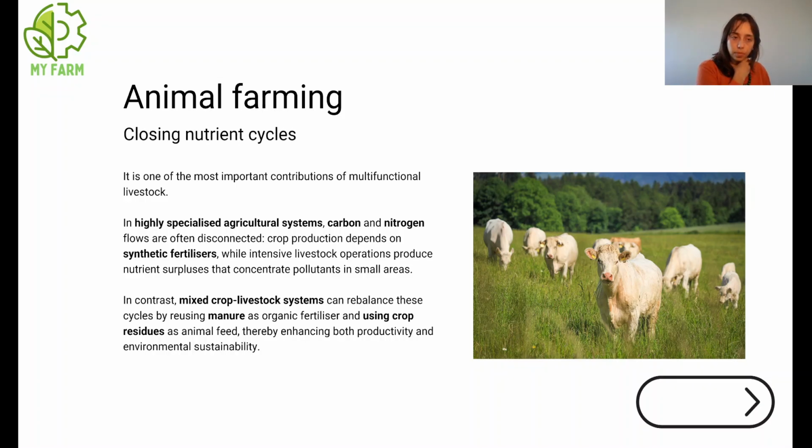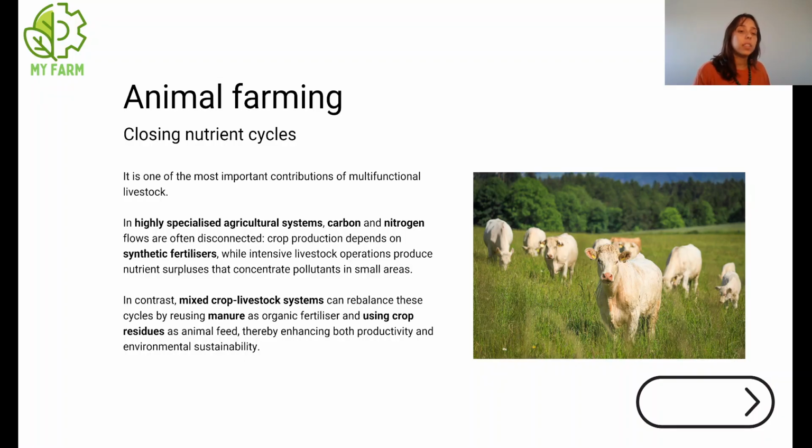Now, closing nutrient cycles is one of the most important contributions of multifunctional livestock. In highly specialized agricultural systems, carbon and nitrogen flows are often disconnected. Crop production depends on synthetic fertilizers, while intensive livestock operations produce nutrient surpluses that concentrate pollutants in small areas.